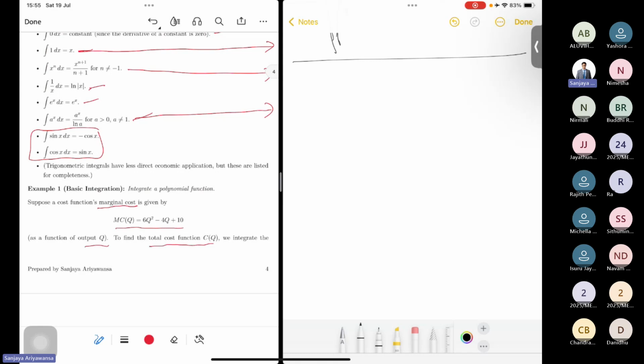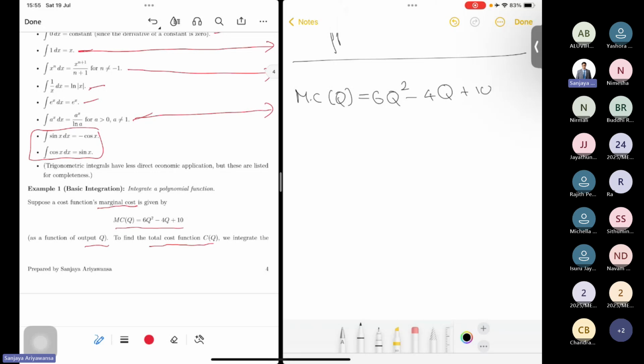Find the total cost function. Now under differentiation, you're given the total cost function and asked to find the marginal cost. Under integration, you'd be given your marginal cost as a function of your output q, and here we are asked to find the total cost.